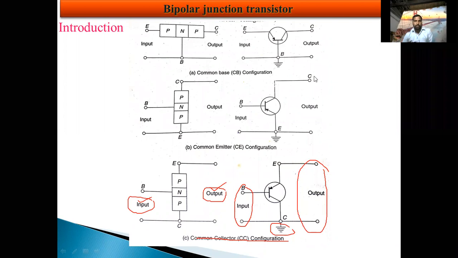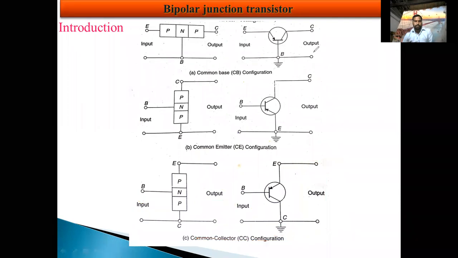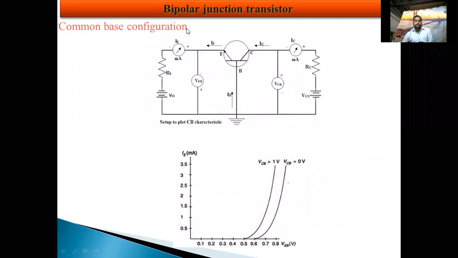One is the common base configuration. See here, common base configuration. Now for common base configuration, we take an example of an NPN transistor.